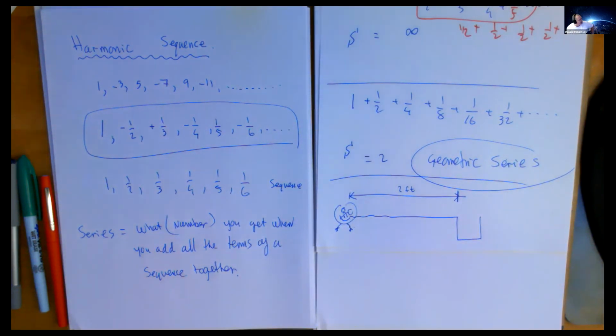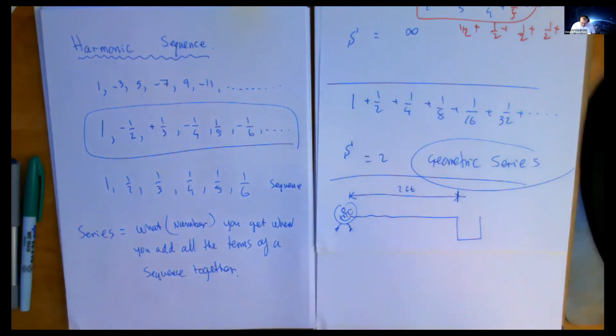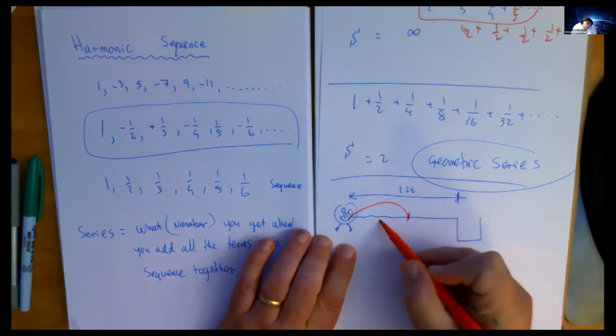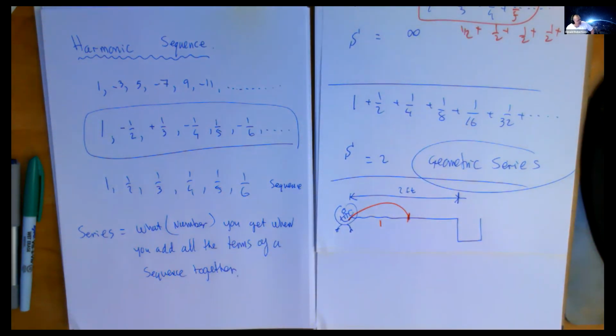Here's a little alien frog. And it was wanting to get to the water well. And it had a bit of a problem, because every time it jumped, it only jumped half what it did the previous time. So it does its first jump, and it goes a really good jump, and it got a foot. And it was happy.